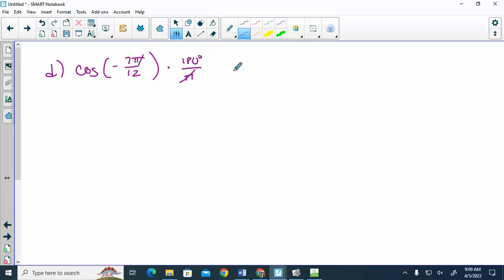So those drop. Negative 7 times 180 divided by 12 gives us negative 105. Now you can deal with this. You just have to find two angles that add or subtract to negative 105.